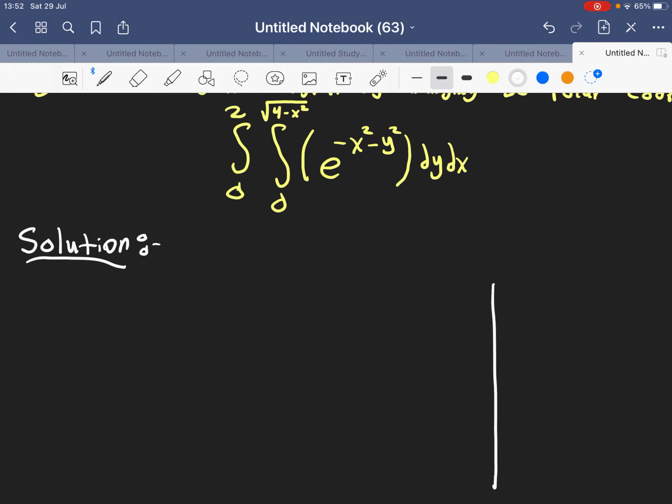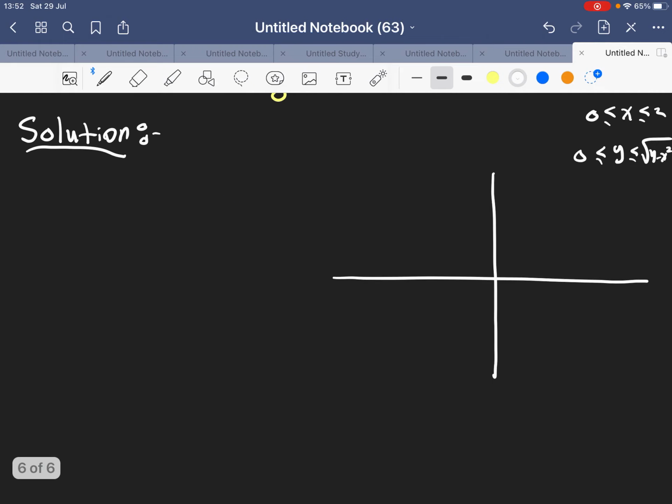So what I will do, I'll just write out what I know. I know that x is between 0 and 2, and y is between 0 and square root of 4 minus x squared.